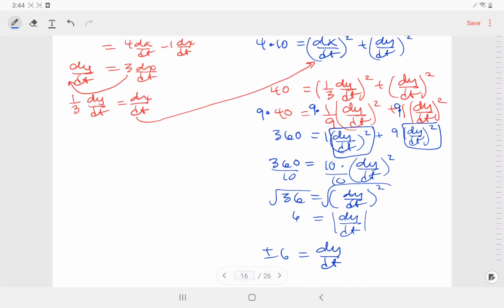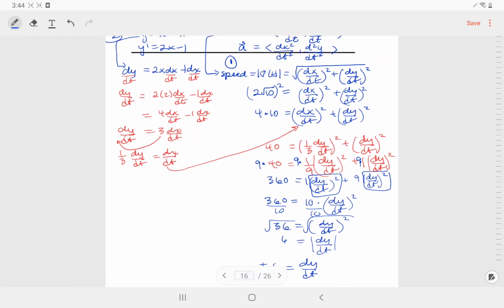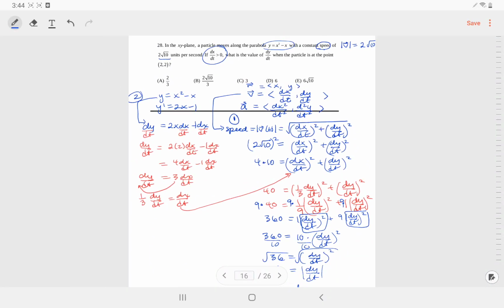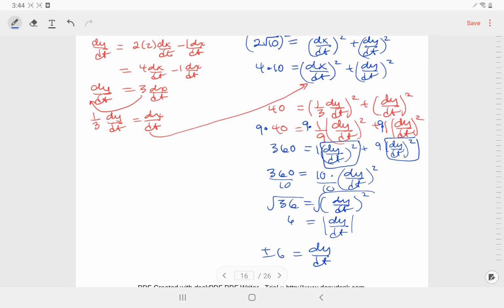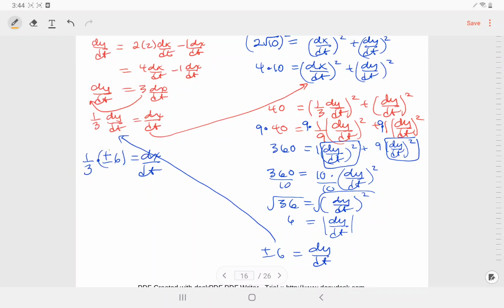Now it said dx/dt was positive, but it didn't say anything about dy/dt. So let me substitute these back in here. 1/3 times plus or minus 6 equals dx/dt. So we are going to have to choose the positive for dy/dt if I want my dx/dt to be positive.